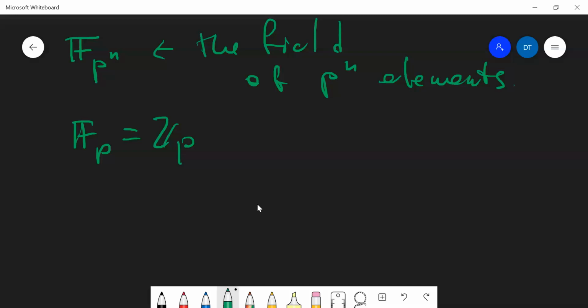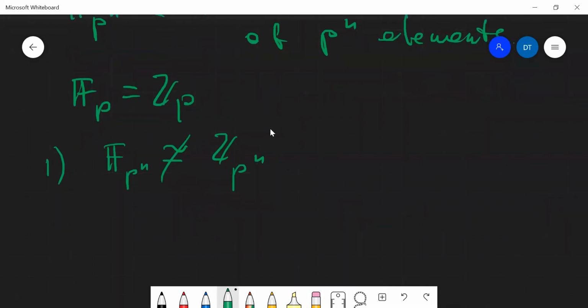But now, how do we produce all other finite fields? Well, one important remark. F_{p^n} is not isomorphic to Z_{p^n}. This is a common mistake, and that's why I want to clarify that this finite field is not the same thing as this ring.